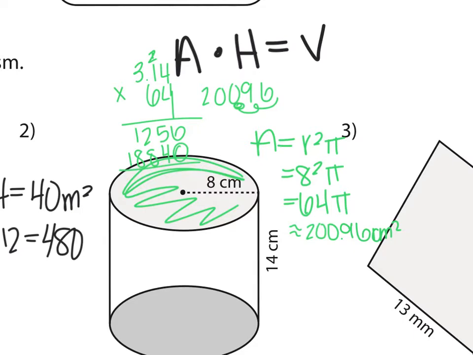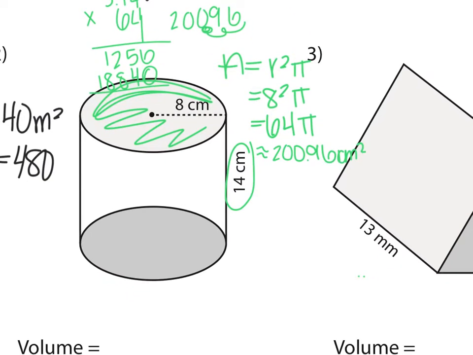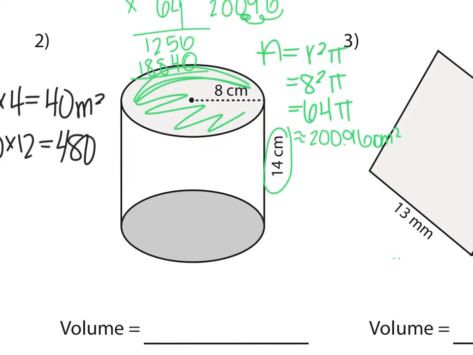And then what you're going to do is multiply that 200.96 by 14. 4 times 6 again is 24. Carry the 2. 4 times 9 is 36, plus 2 is 38.